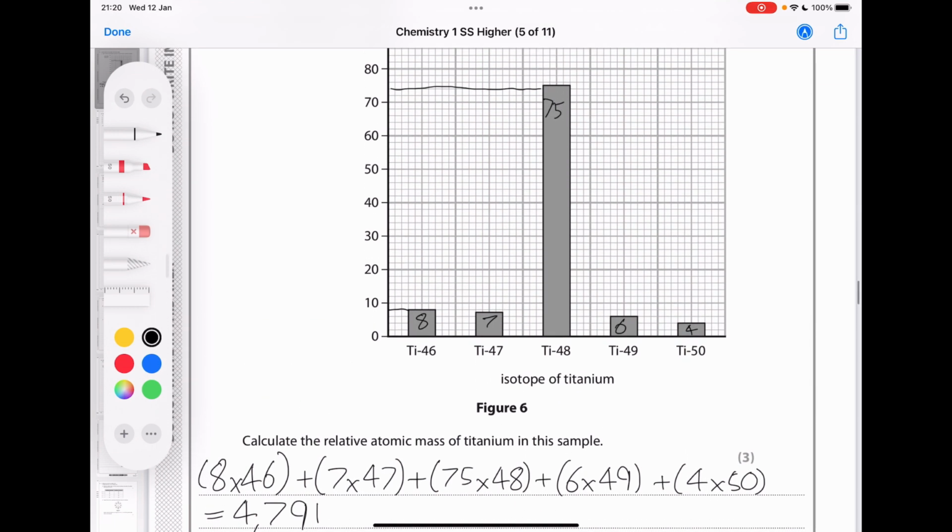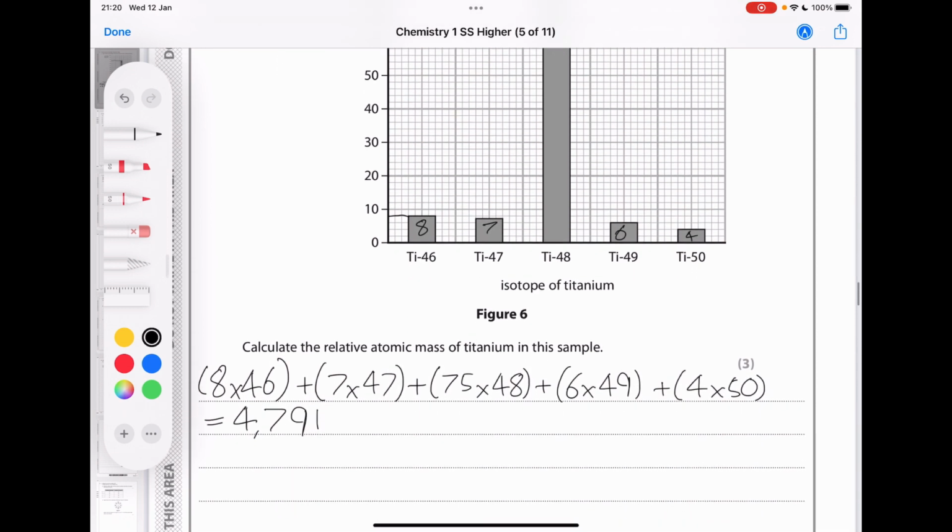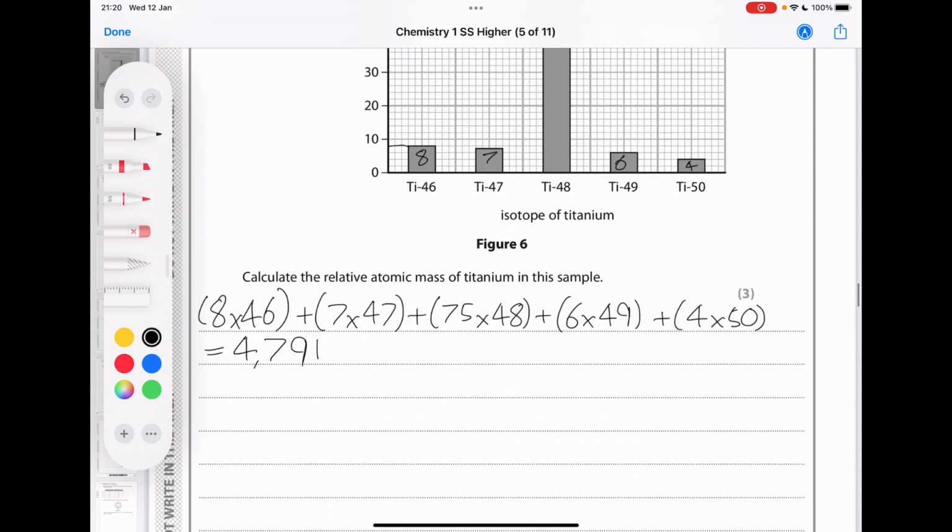However, I should be able to see from this that my final answer must be somewhere between 46 and 50, because those are the heaviest and lightest isotopes, and therefore the average must be somewhere between them. And the isotope 48 is by far the most common, so my answer should be roughly 48. And what I need to do here is remember that this does not take into account that I'm working with percentages.